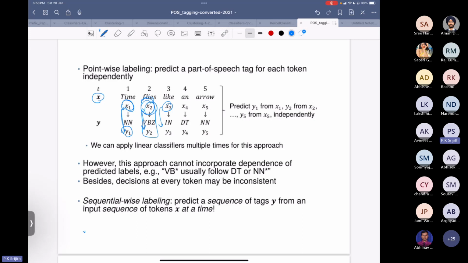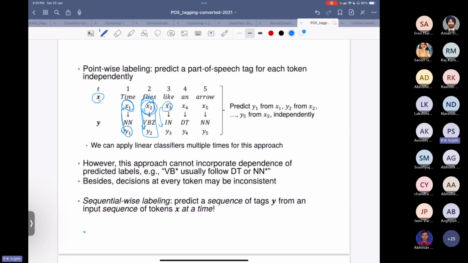There are different part of speech tagging conventions followed, but majorly there are two or three different types.